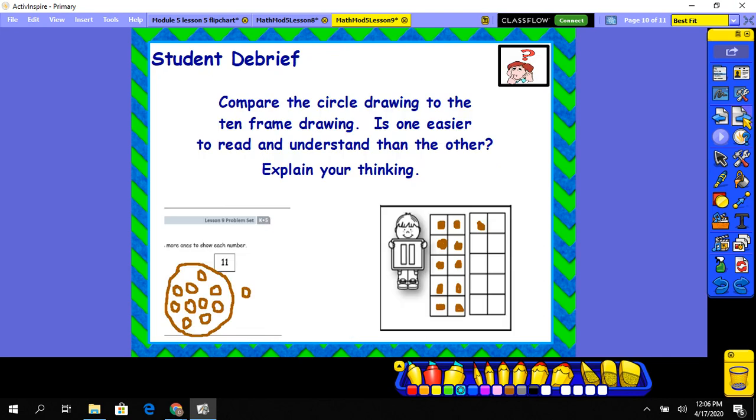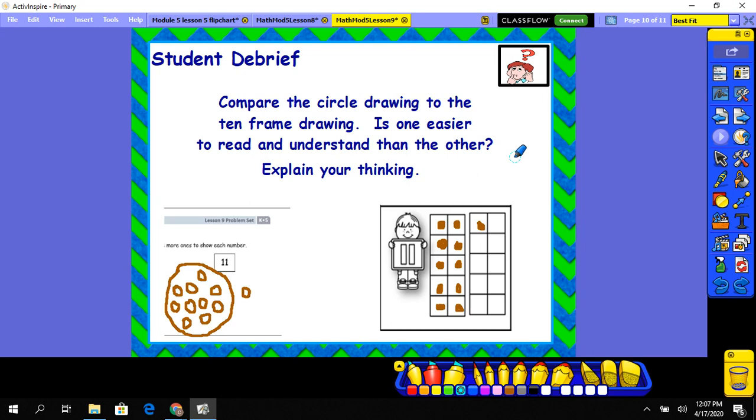Look at these pictures. One person drew 11 as a group of 11 circles. They drew a circle around the group of 10 and showed the one left over. Another friend used their 10 frames to show the same amount. Is one of them easier for you to understand than the other?